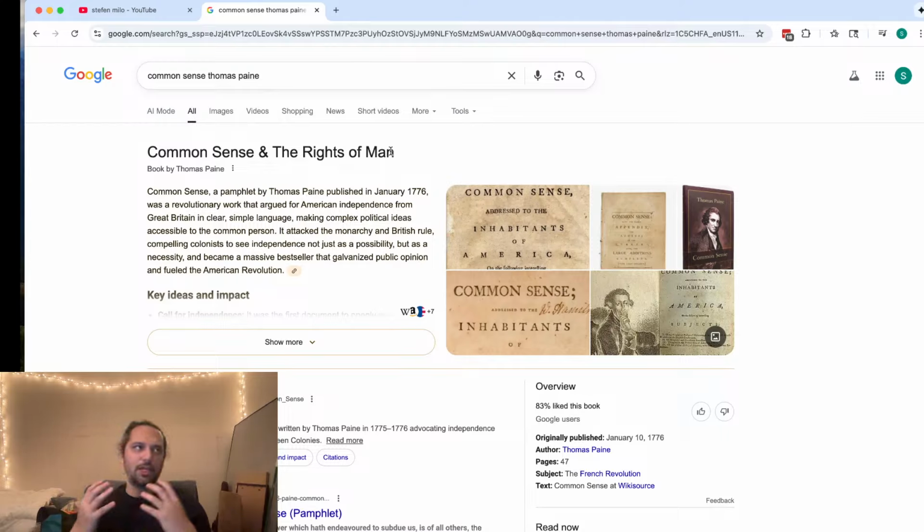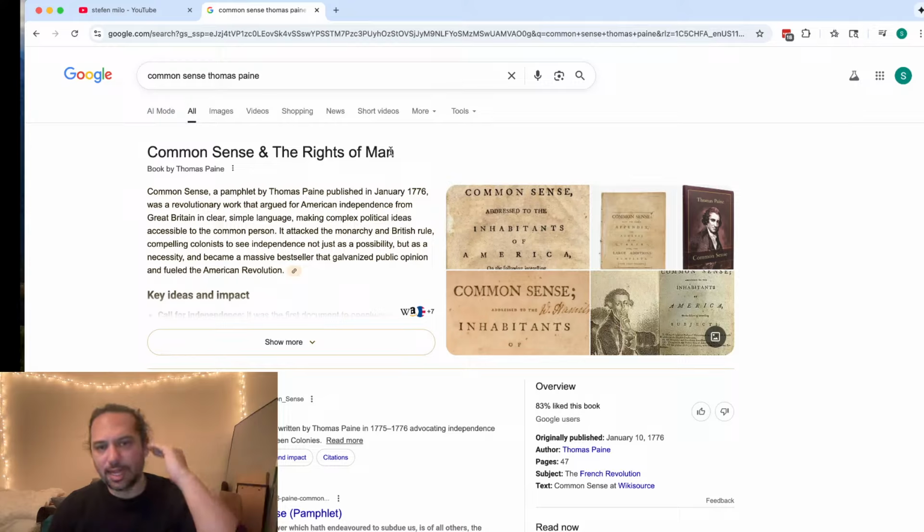We just want to rejoin the British Empire on equal footing as citizens of the British Empire. But then Thomas Paine published Common Sense, and he spoke in a way that was very plain. And he said things that were on people's minds.